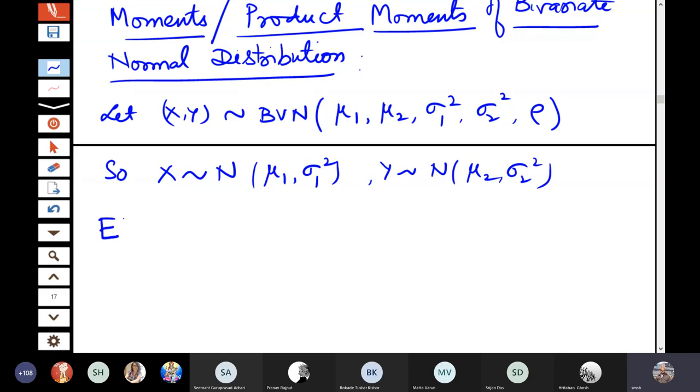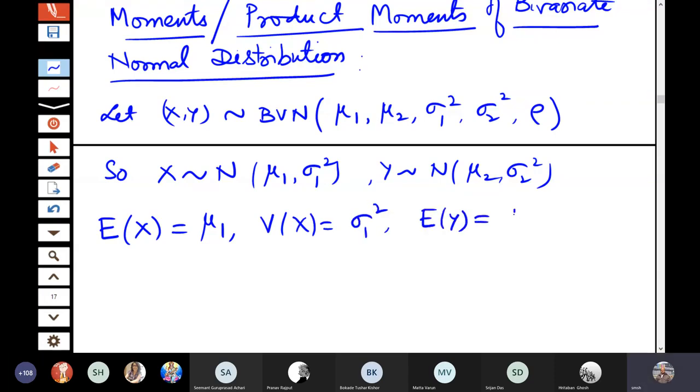So you immediately get that the expectation of x is mu1, the variance of x is sigma1 square, the expectation of y is mu2, and the variance of y is sigma2 square. So the moments of x as well as y are all obtainable. You can also have the third moment, fourth moment, and so on. Everything is given to you. Let us talk about only the first two orders here.